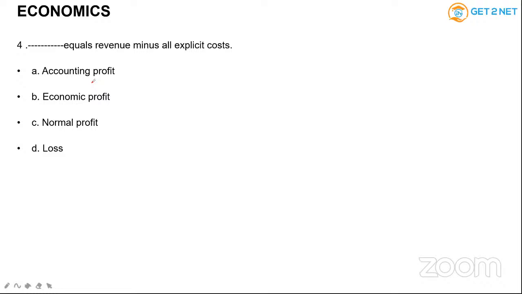Fourth question: dash equals revenue minus all explicit costs.